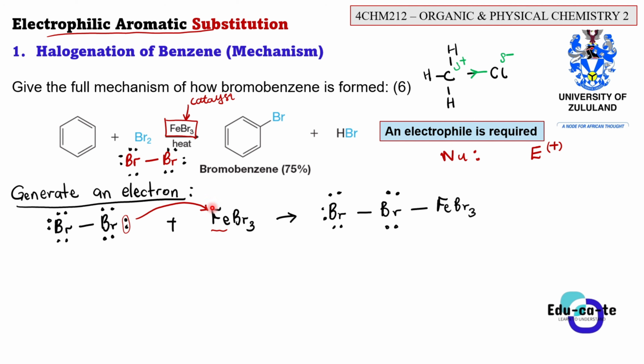This FeBr3 was also neutral, but we forced a reaction to happen between them so that we can generate an electrophile. So this Fe was neutral, but it is now gaining a lone pair of electrons from this bromine.